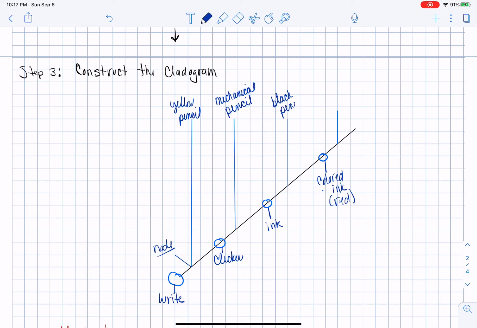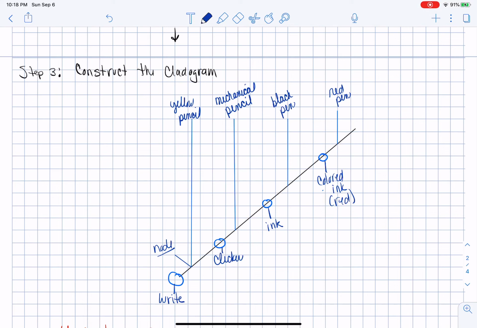And only one of the utensils had colored ink, and it was red, and that's the red pen. So you can see that the red pen has all of the characteristics below it. The black pen has all of the characteristics below it, but it doesn't have the one characteristic that the red pen does.